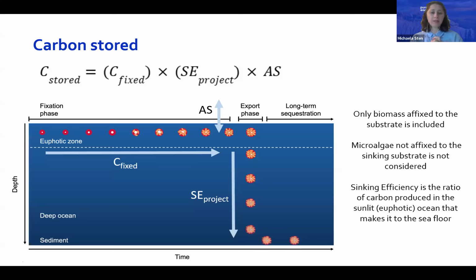And because phytoplankton are relatively easy-to-eat material for microbes, during the sinking phase, some of that carbon falls off of the substrate through a variety of microbial processes. And so the sinking efficiency measures how much carbon makes it from the surface ocean all the way to the seafloor, at which it is then able to be durably stored for at least 200 years.